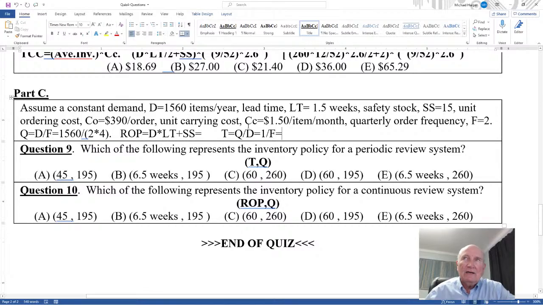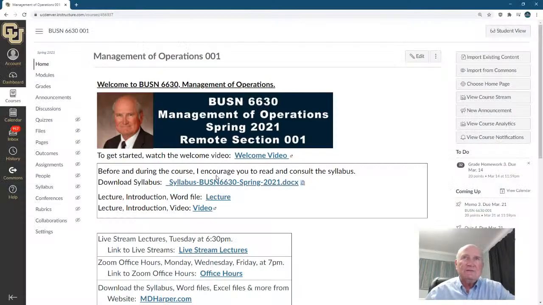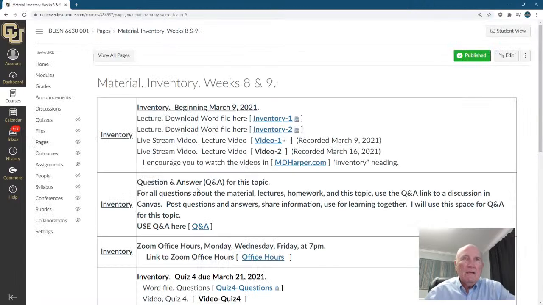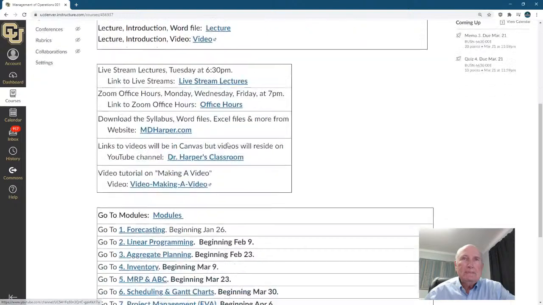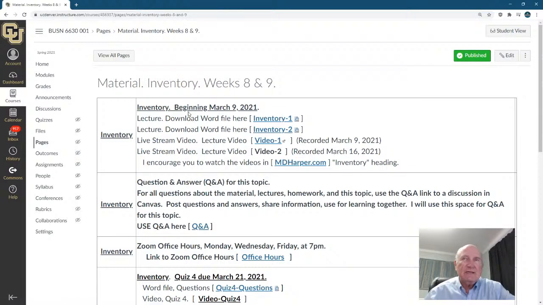Now, what I want to highly encourage everyone to do, if we go to Canvas, down here is the inventory, right here. We started March 9th. We're in the second week.